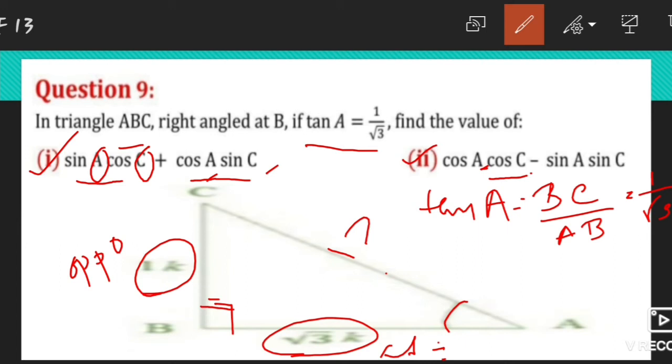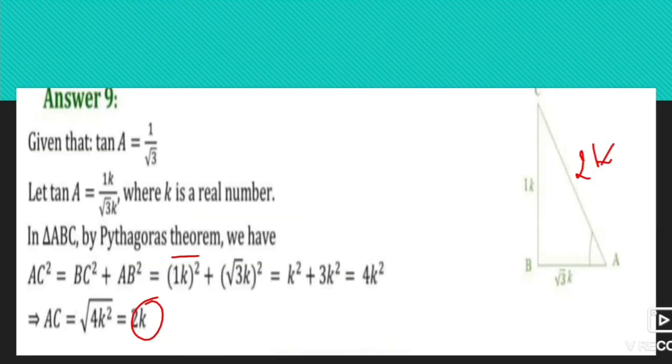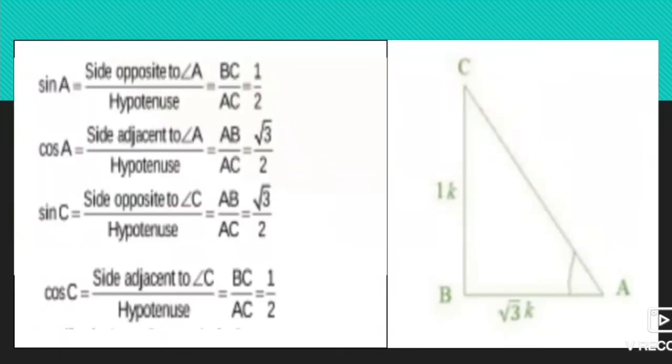First, you take A as the acute angle and find sin A and cos A. Then again you take C as the acute angle and find sin C and cos C. So you got the values of the 3 sides. Now we will find the values of sin A, cos A, sin C and cos C.